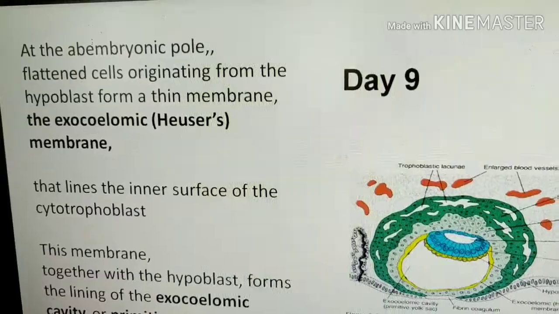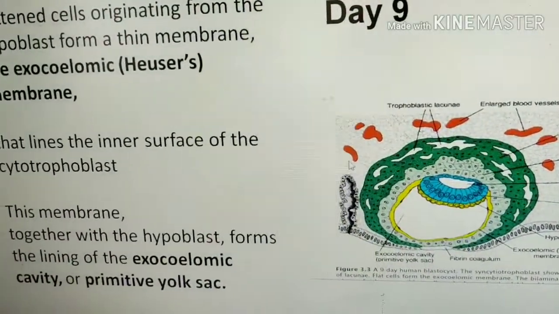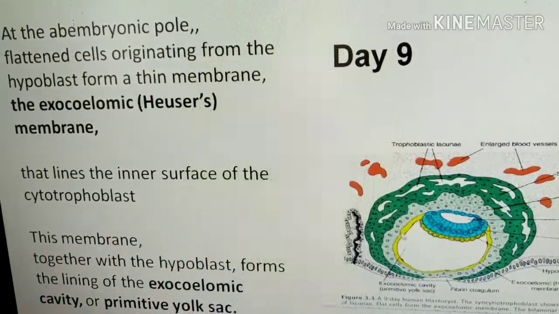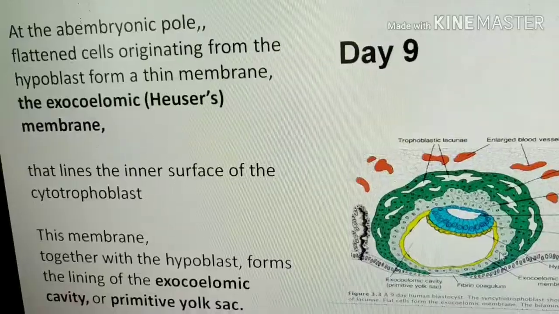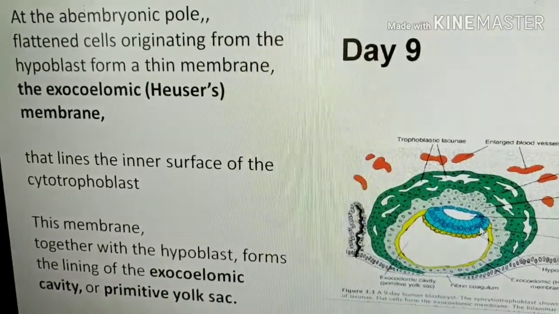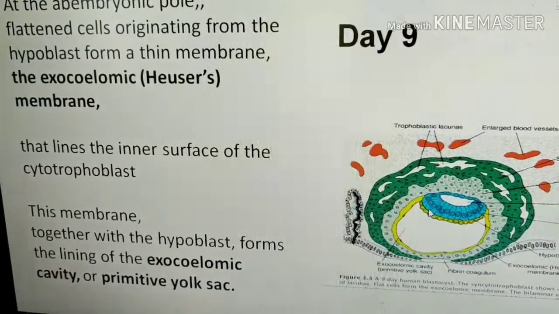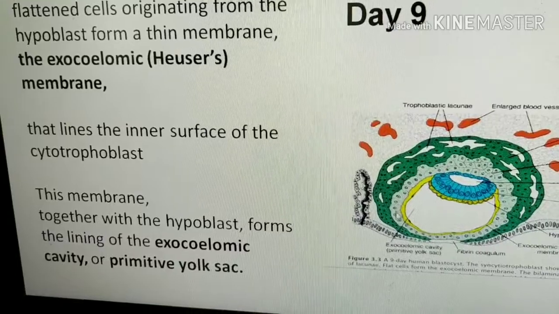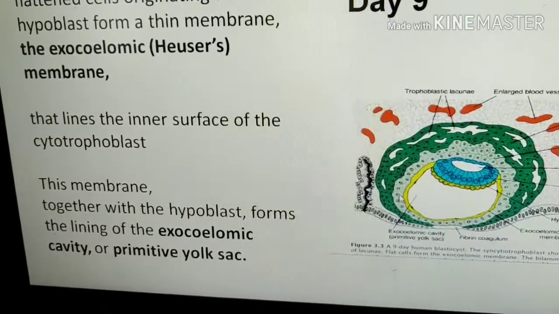Another event on day 9, at the abembryonic pole. Small flat cells appear. These cells originate from the hypoblast and form a membrane along the blastocele cavity.